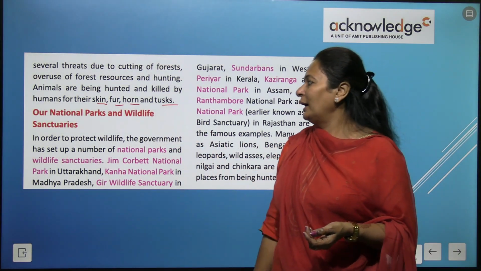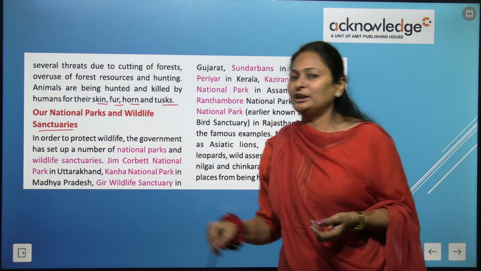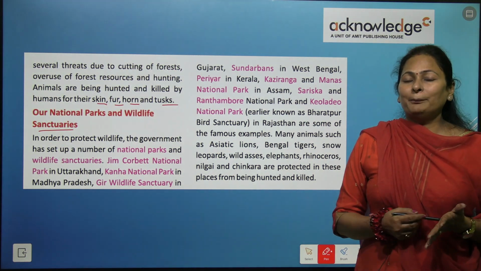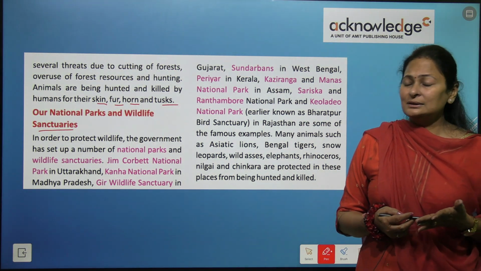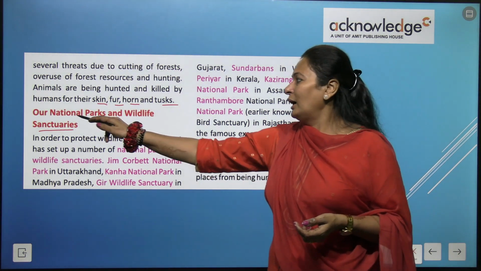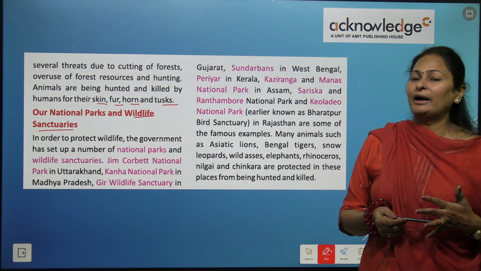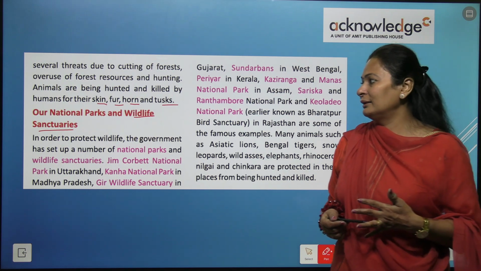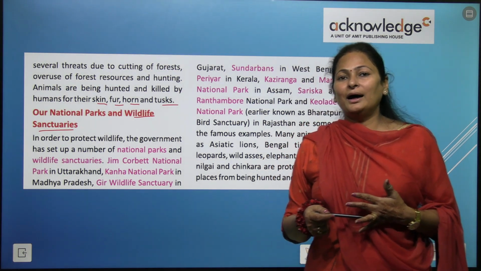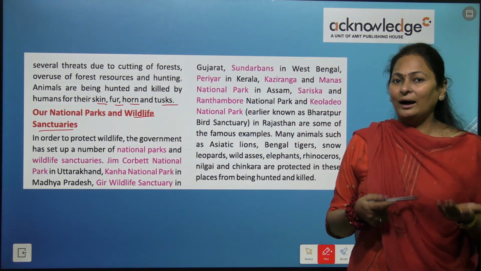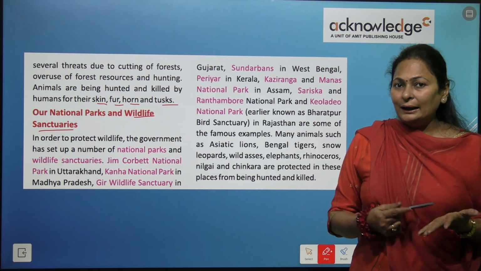Now the government has taken certain steps to save our wildlife, right? So they have established wildlife sanctuaries and national parks to protect the animals.